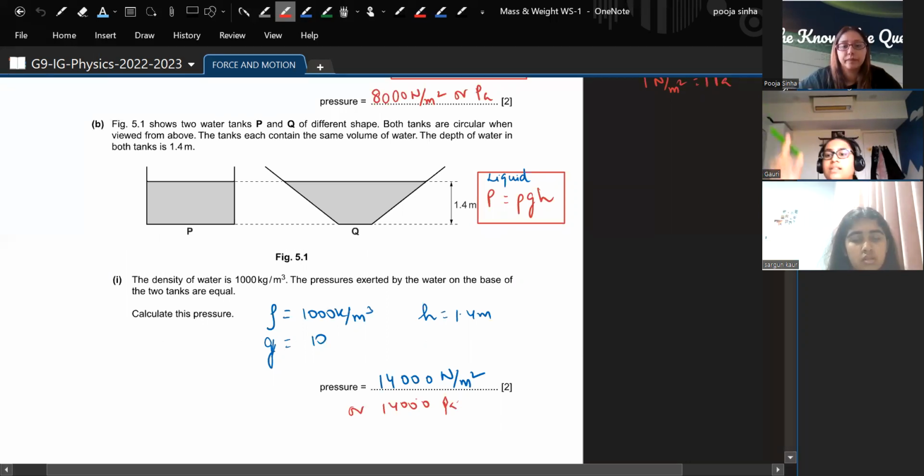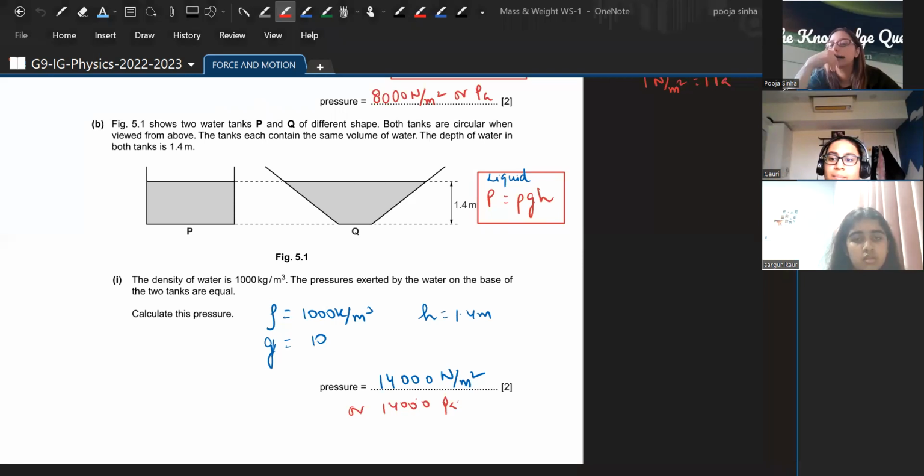But I think the thing here is that we're not taking out a specific water level of water, taking out specific volumes of water, which means the water level is going to differ in both of them. Right. Meaning that now Q is wider than P. So if you're taking a particular volume from P, the water level, I think, will decrease more than it would in Q. Okay. Right.